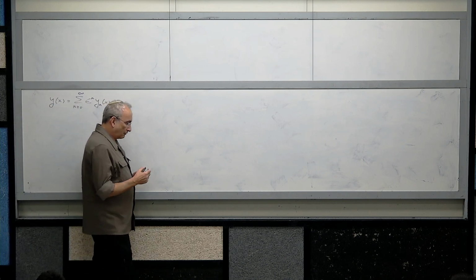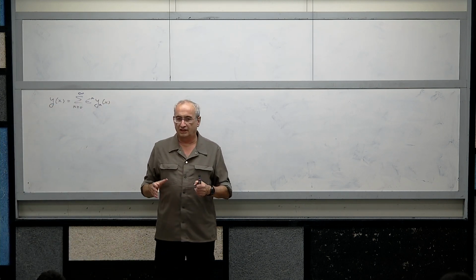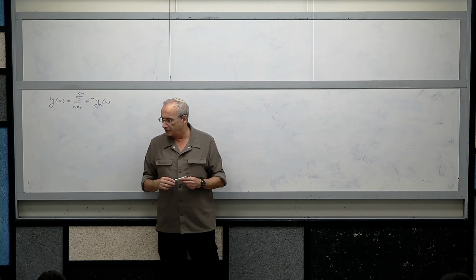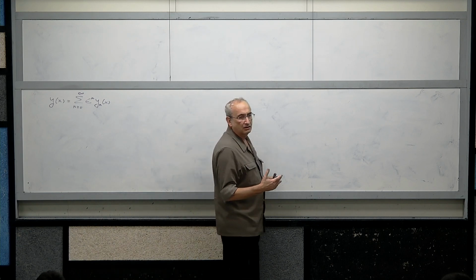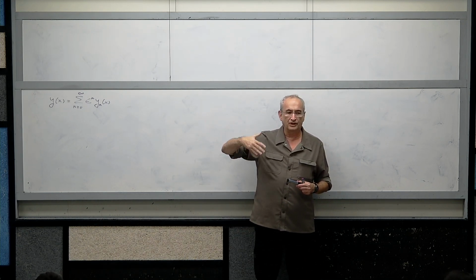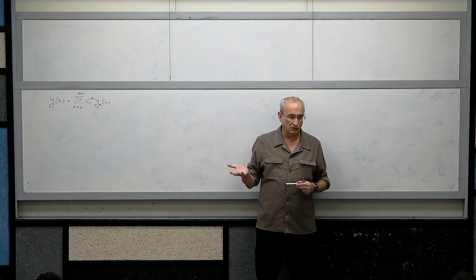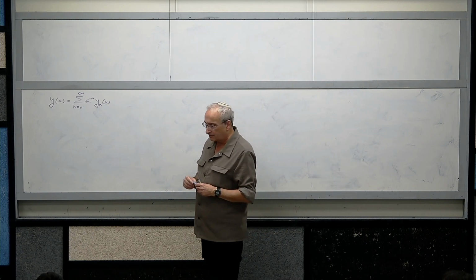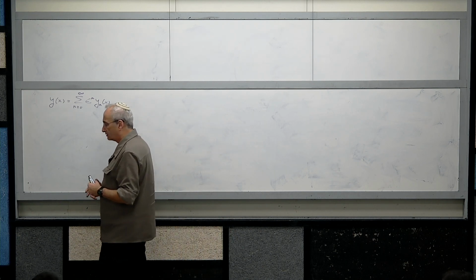Now, we made a distinction between singular perturbation theory and regular perturbation theory. In regular perturbation theory, as epsilon becomes smaller and smaller, we get the solution of the equation without the epsilon. In singular perturbation theory, we cannot do that.